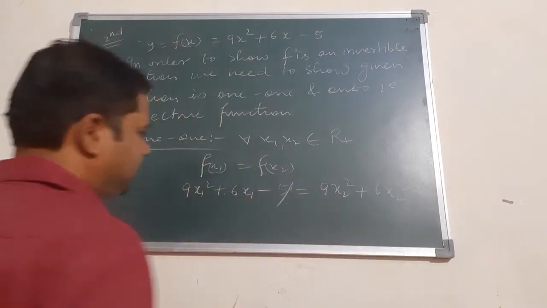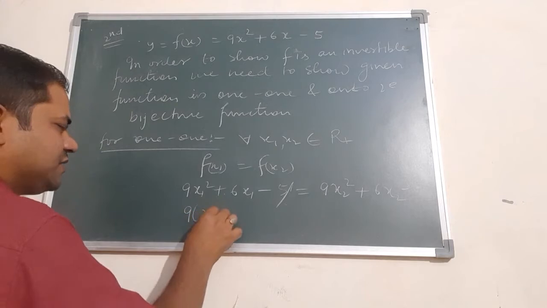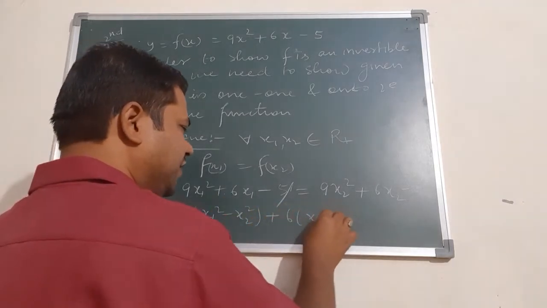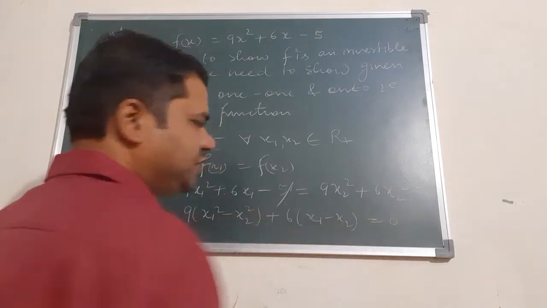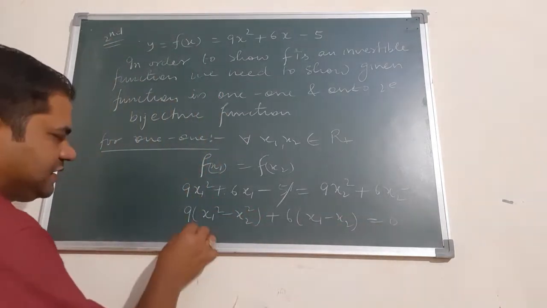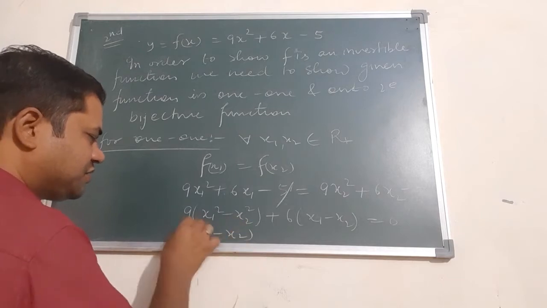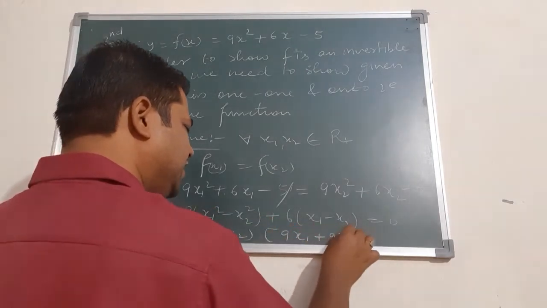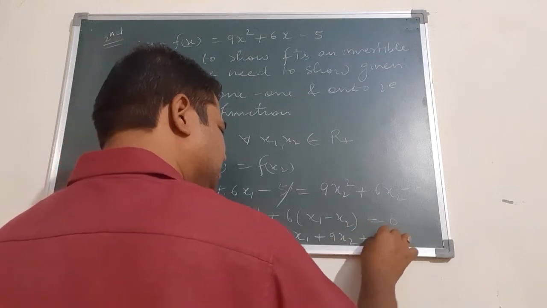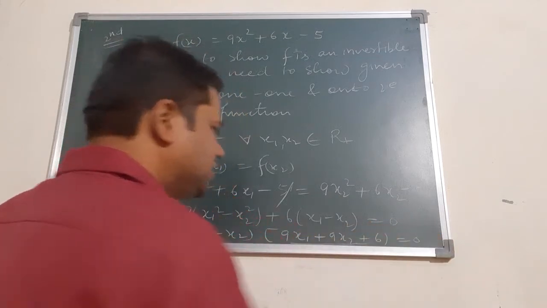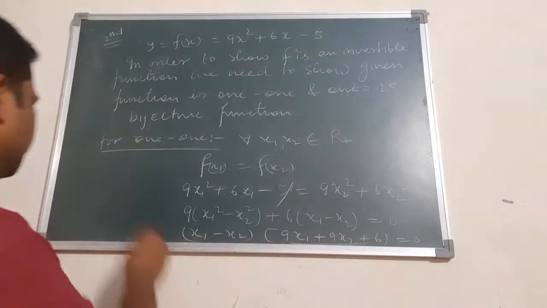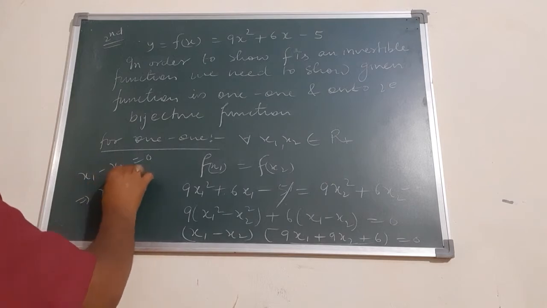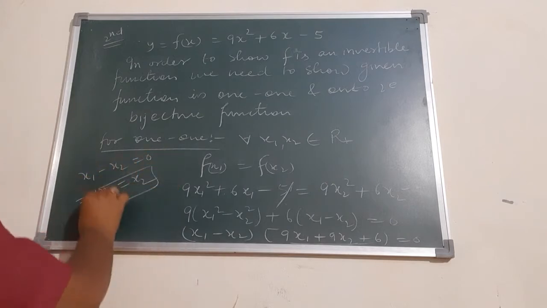Minus 5 cancels out. 9 times x1 square minus x2 square and plus 6 of x1 minus x2. This must be 0. And we can see here x1 minus x2 is common in both. So this is 9 times x1 plus 9 times x2 plus 6 is equal to 0. As you know, this is not 0. So x1 minus x2 is what? 0. This implies x1 is equal to x2.